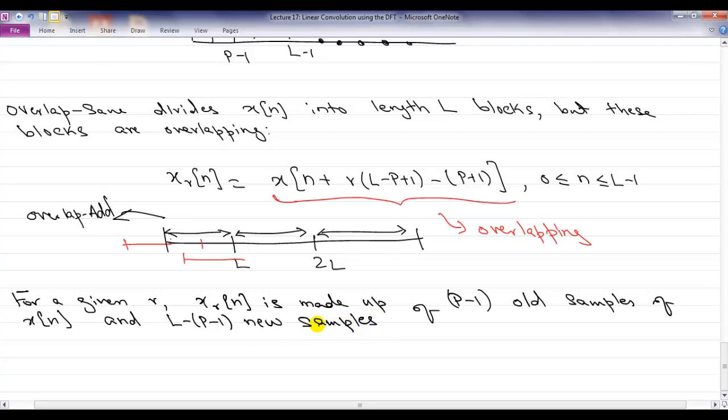Now you get these samples and you compute y_rp[n] as the circular convolution of length L of x_r[n] with h[n].